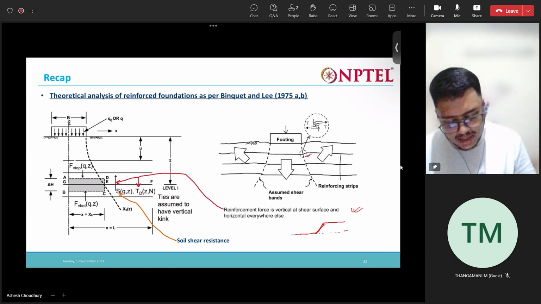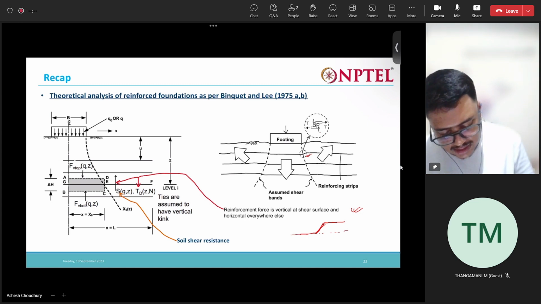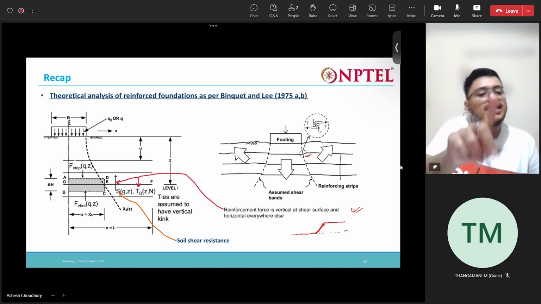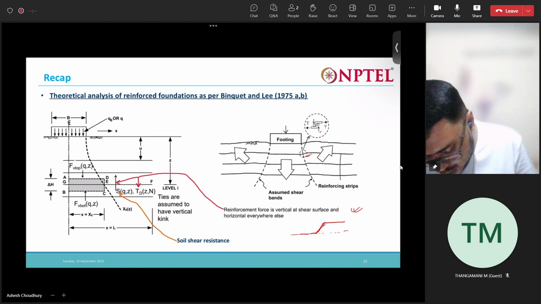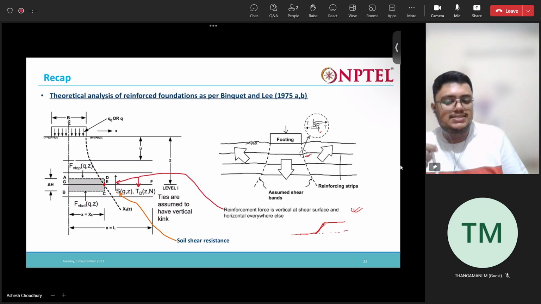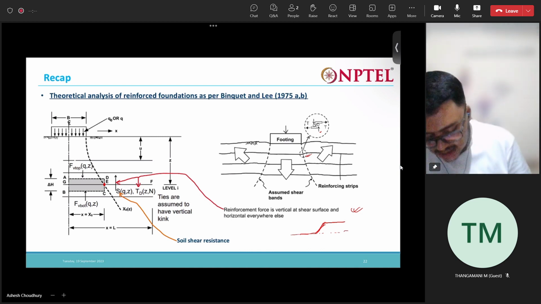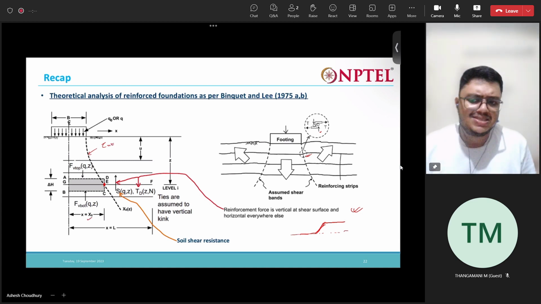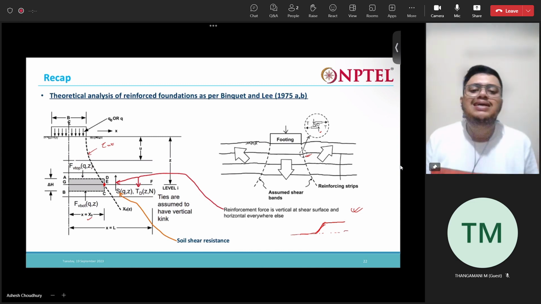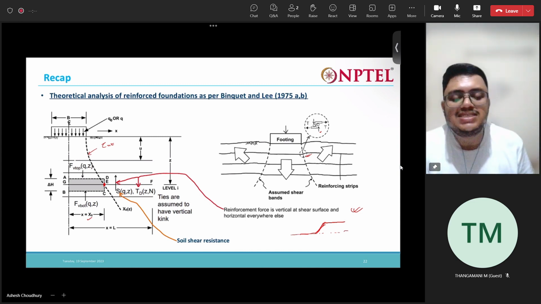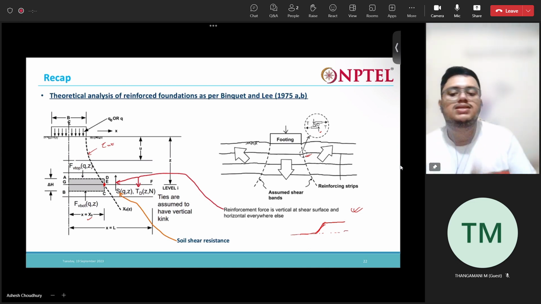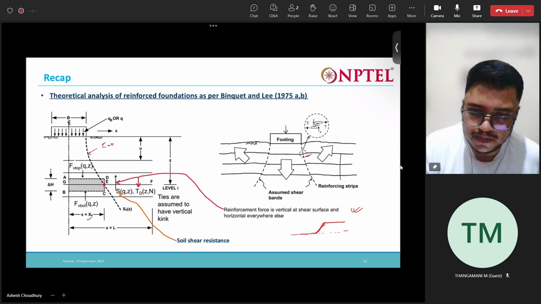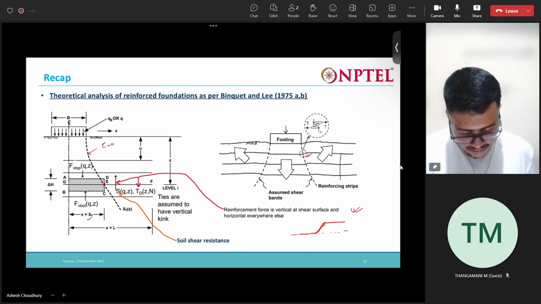Due to that, we consider that this T is acting only at this point in the vertical direction. And the dotted line here also represents the variation of our shear stress. You can see that this level is at the maximum shear stress. So this kink actually makes this TD vertical. That's why this is acting in the vertical direction. Alright.